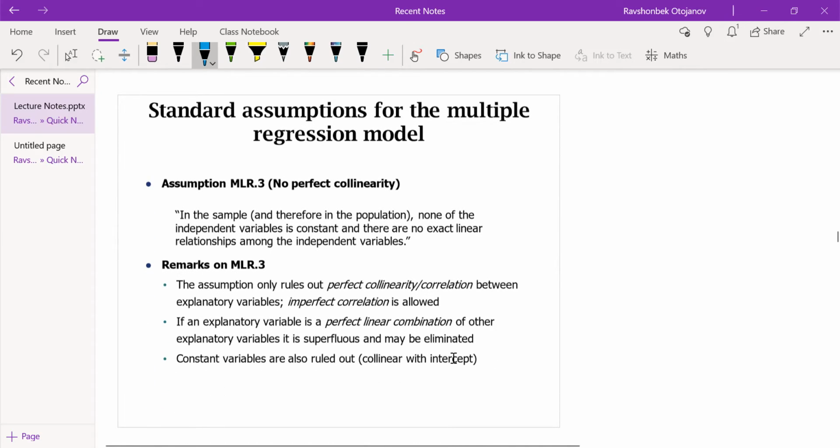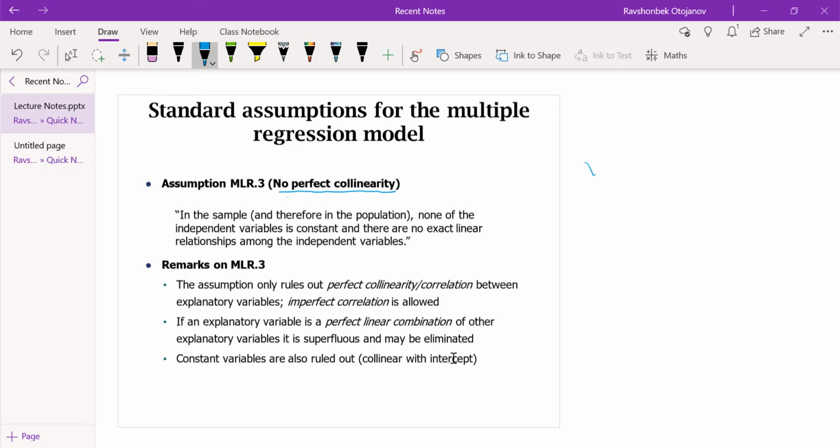Assumption number 3 is an addition now to the original simple linear regression model assumptions. There is no perfect collinearity, or the explanatory variables are not perfectly correlated. Let's put it this way: there is no strong correlation between the x's.